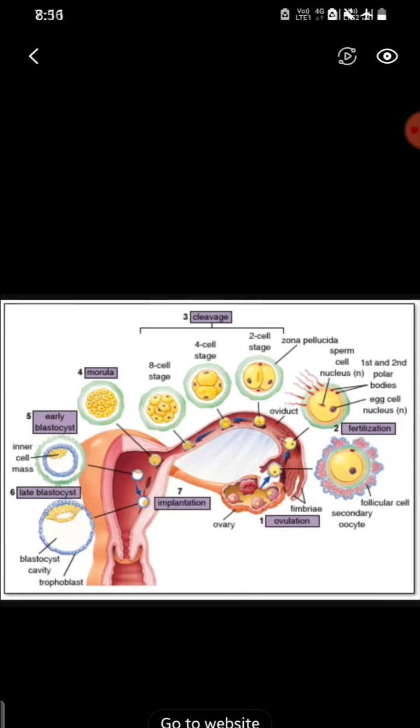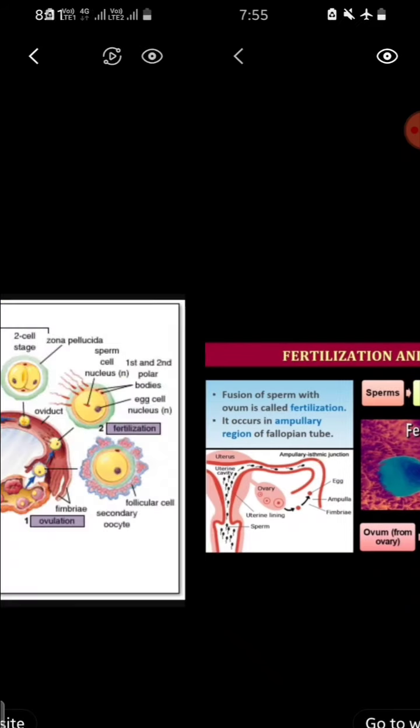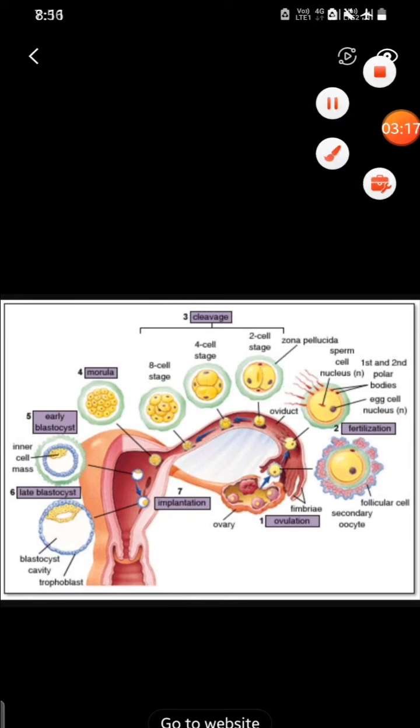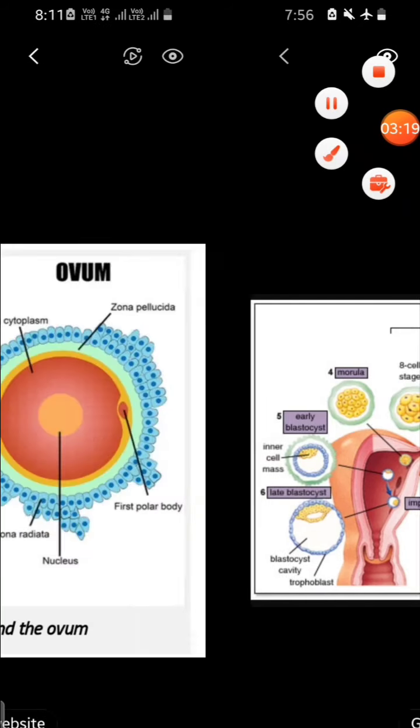The egg, which is released from the ovary, will just travel to the infundibulum, and then it will reach the ampullary region. So it occurs in the ampullary region of the fallopian tube. This diagram we will study later.